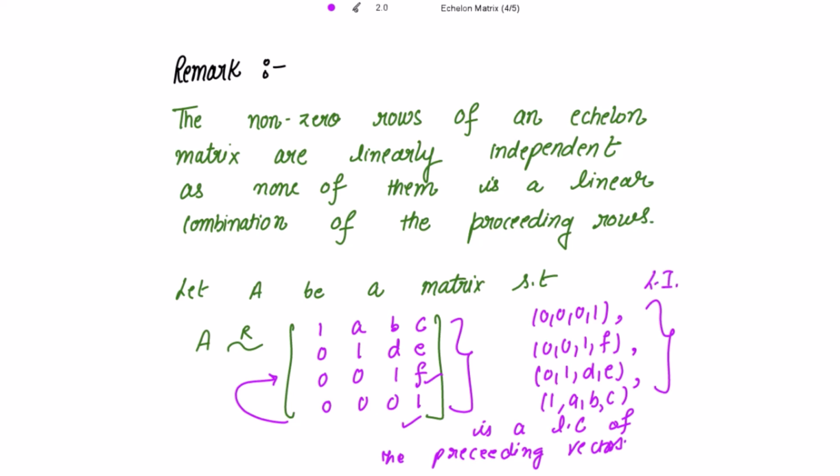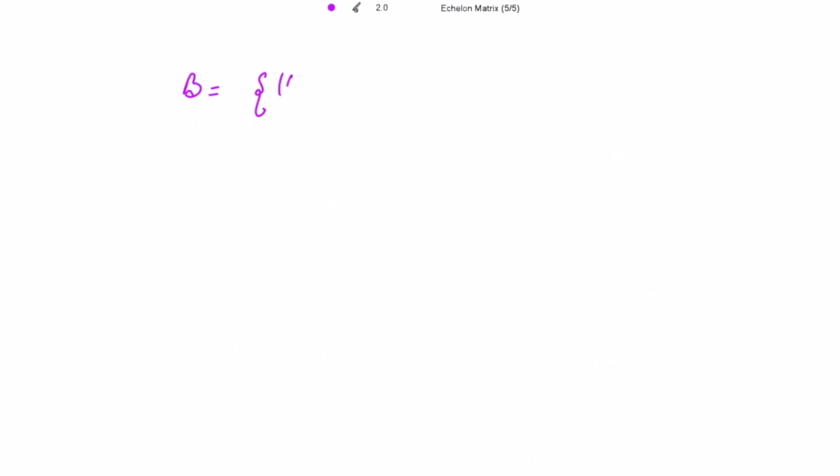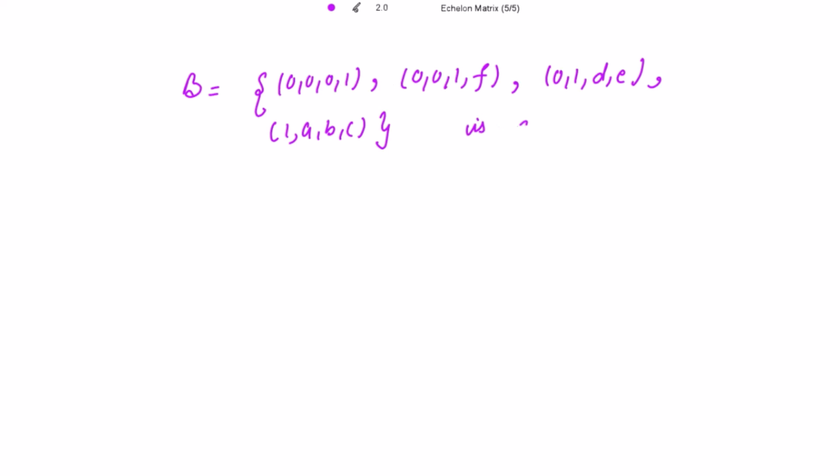And when none of them is a linear combination of the preceding ones, what do we say? These form a basis of the row space of A. What is the row space of A? It is the vector space generated by the non-zero rows of A. So this is all about the introduction and definition part for the echelon matrices. Okay, thank you.